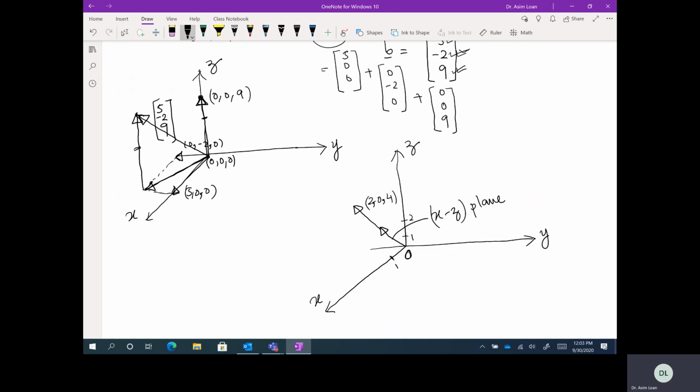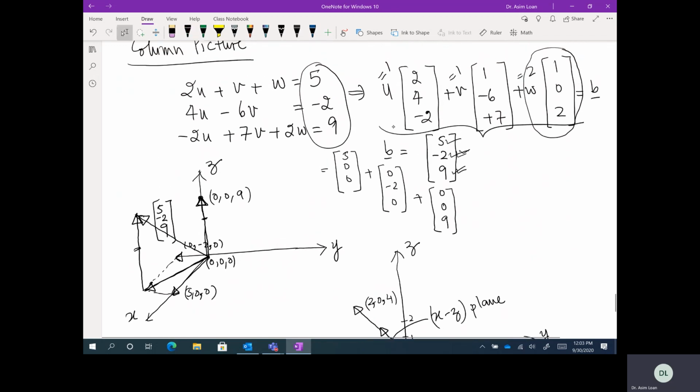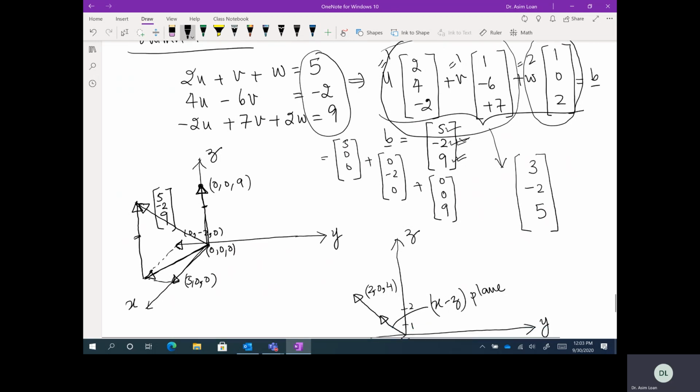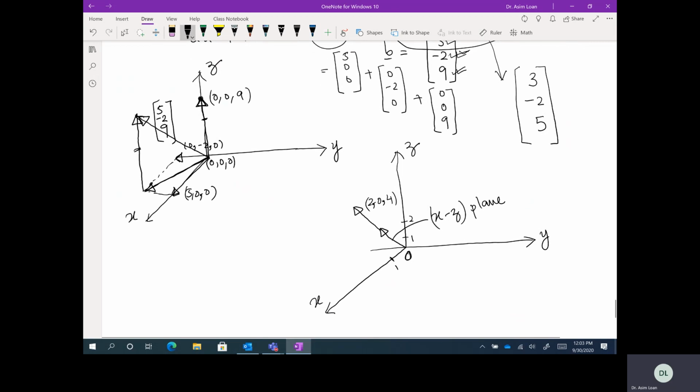If I add these two, I'll get 2 plus 1 is 3, 4 minus 6 is -2, and -2 plus 7 is 5. So if I draw this vector (3, -2, 5), it is somewhere over here.